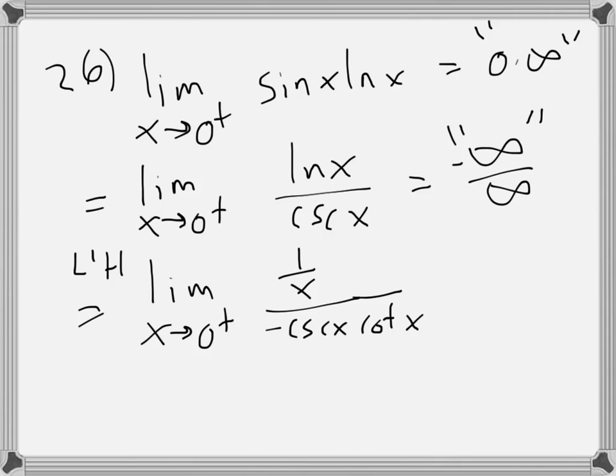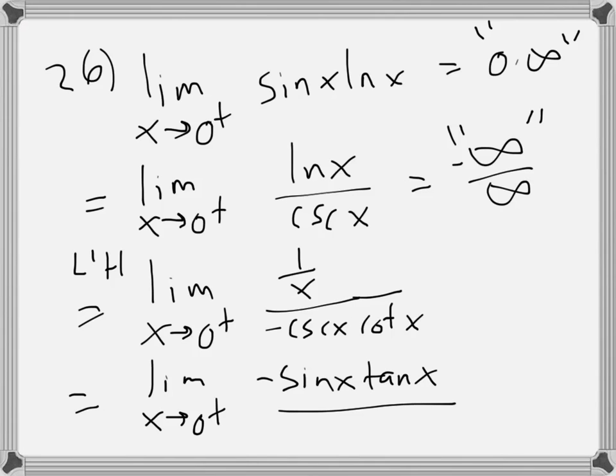I guess cosecant's going to infinity. So let's simplify. And let's put the trig functions back on top and put x on the bottom. So that'd be minus sine x tangent x over x. Now I can see that that is 0 over 0, because sine and tangent are both 0 at 0.